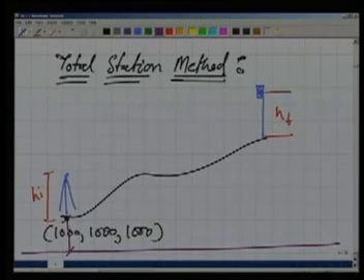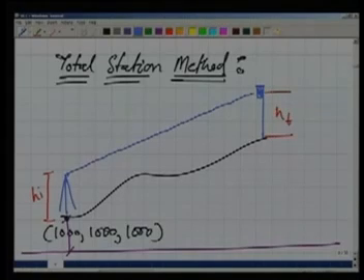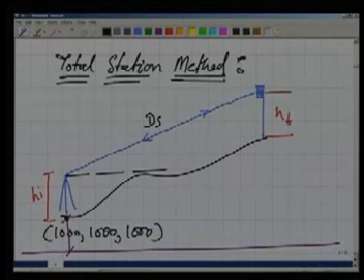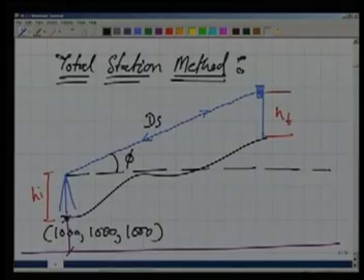Now how does the total station work? The total station works by sending an electromagnetic wave which comes back, and we are able to measure the distance between these 2 points. This is the sloping distance. At the same time, the total station also measures the vertical angle from the horizontal direction, which I am writing as phi.